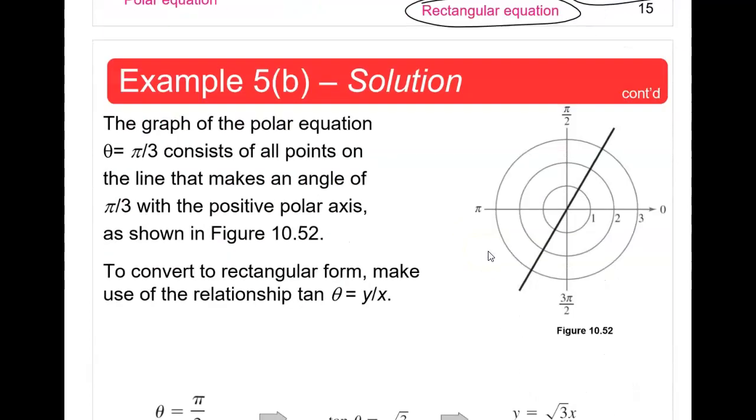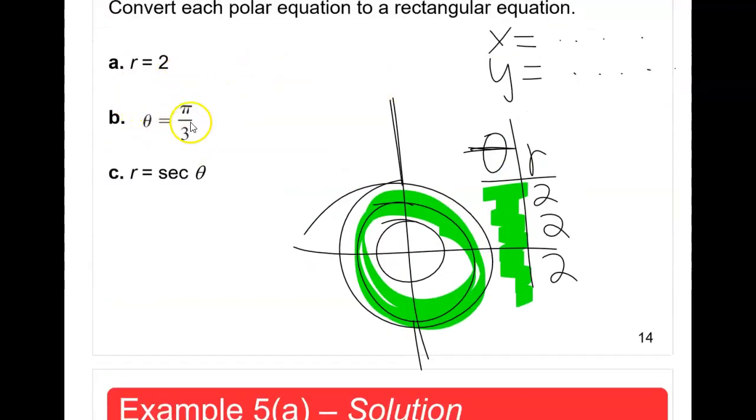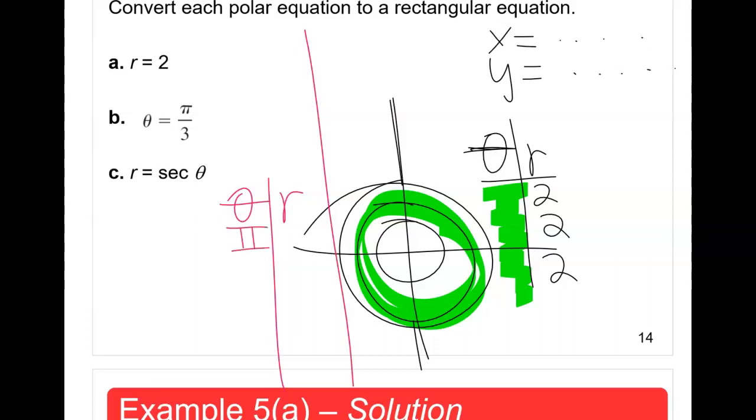Now the next question was theta is equal to pi over 3. So now this is kind of like the opposite case of r equals 2. Now it doesn't matter what r is, we're always saying theta is pi over 3, pi over 3, pi over 3. So r could be 0, it could be 1, it could be -2, it could be any number for r.